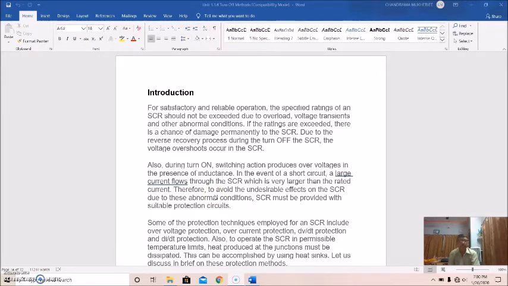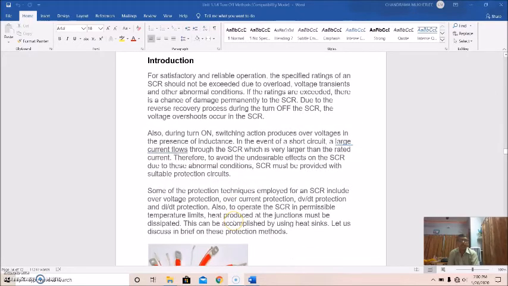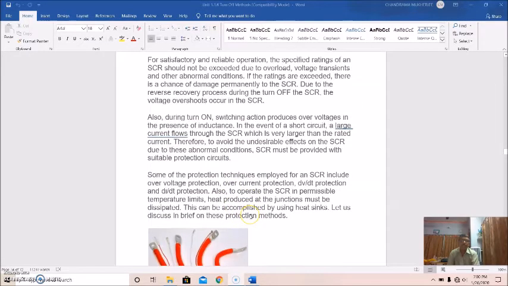Therefore, to avoid such undesirable effects on the SCR due to these abnormal conditions, the SCR must be provided with suitable protection circuits. Some of the protection techniques employed for SCR include overvoltage protection, overcurrent protection, DVDT protection, DIDT protection, etc.